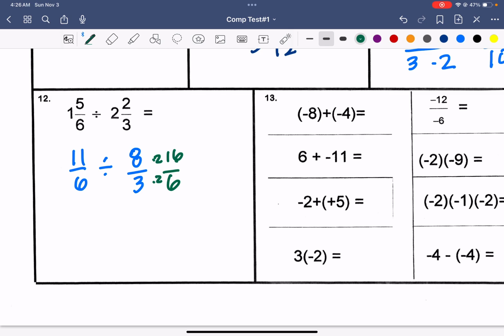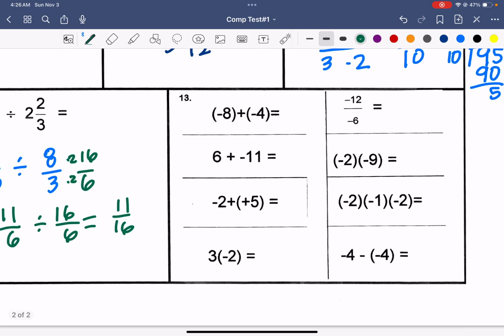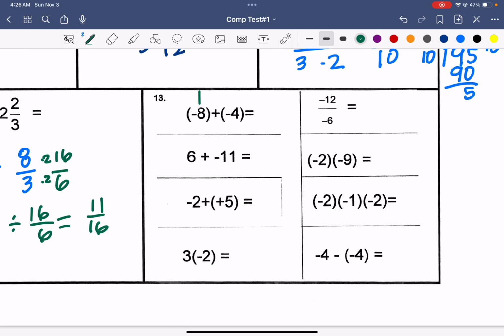Okay, so your new fractions are 11/6 divided by 16/6. Well, 11 divided by 16 is 11/16. You're done.